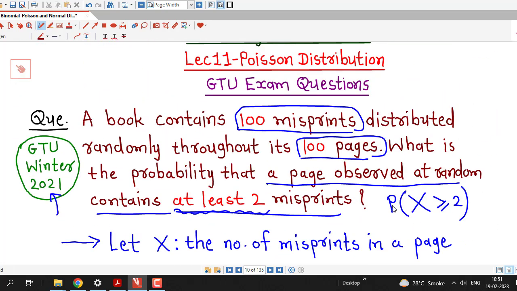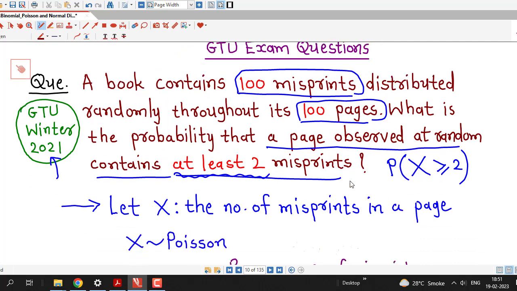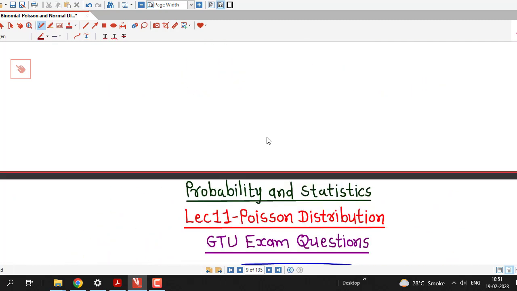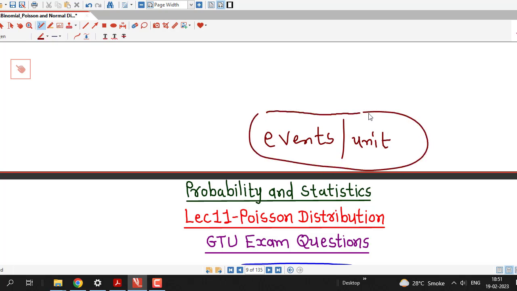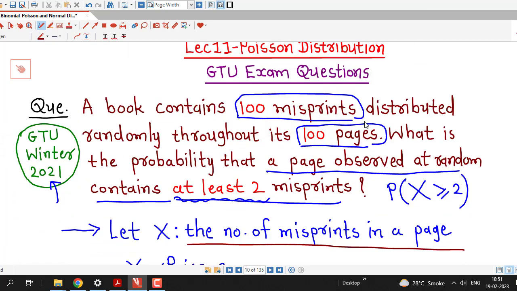The main thing we have to understand is which random variable is given. Here we are given the number of misprints in a page, therefore this random variable becomes a Poisson random variable. Whenever we have the number of events per unit time or per unit mass, then that random variable is a Poisson random variable.